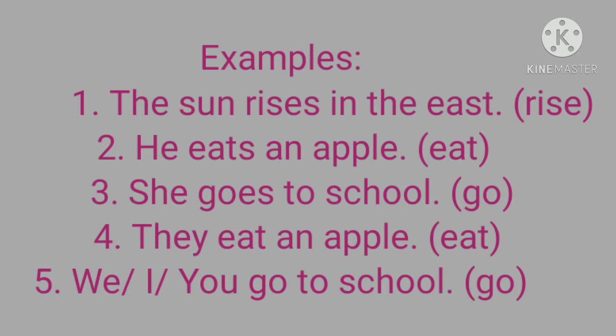And this we need to keep in mind when we are making any sentence in simple present. For certain root verbs we need to add an s, and for certain root verbs we need to add an es when our subject is singular. And we do not add any s or es to the verb when our subject is plural.